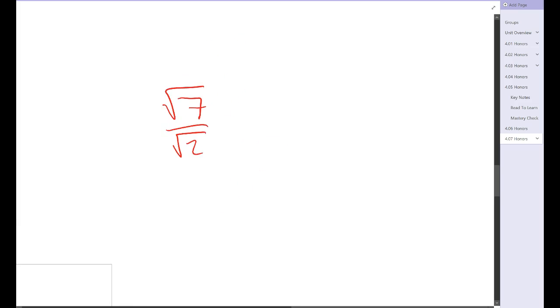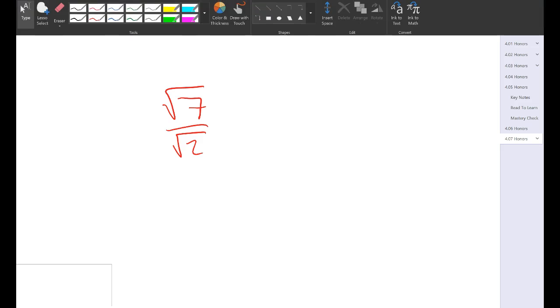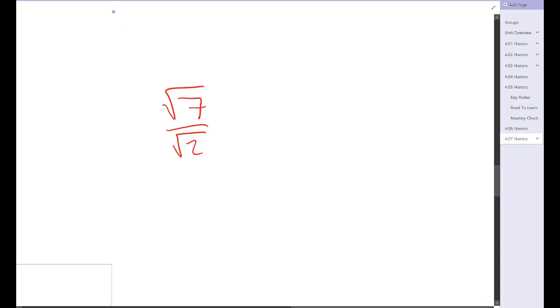First thing I think to myself is, well, is this okay? And we happen to see that it is not because there's a radical in the denominator. And if there's a radical in the denominator, then this is, shall we say, bad news bears.